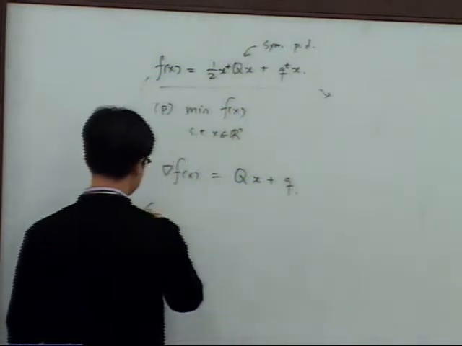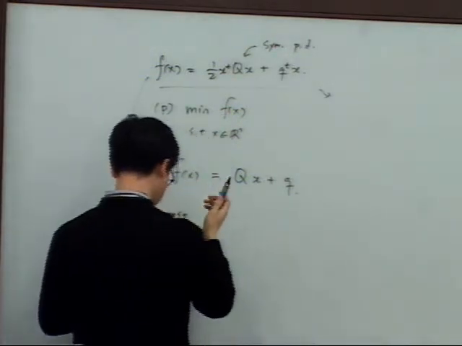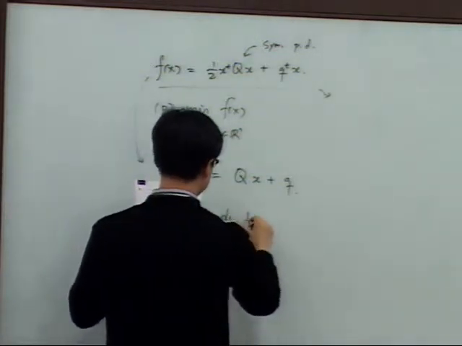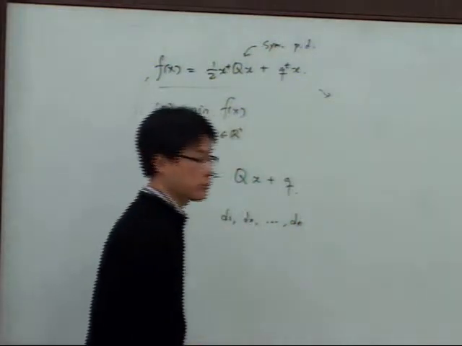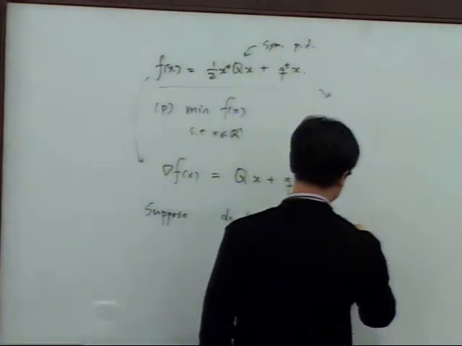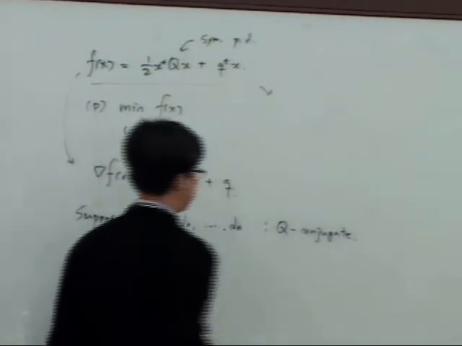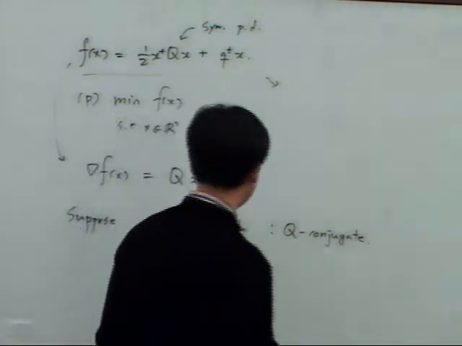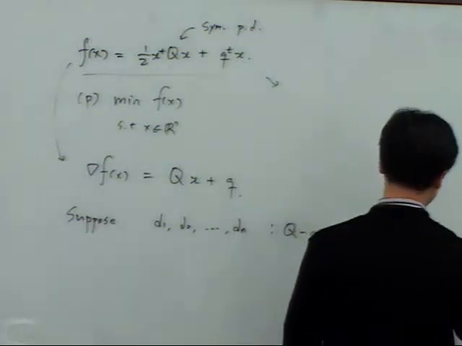And suppose that we are given the directions p1, p2, up to pn that are Q-conjugate. And suppose that we are already given a starting point.